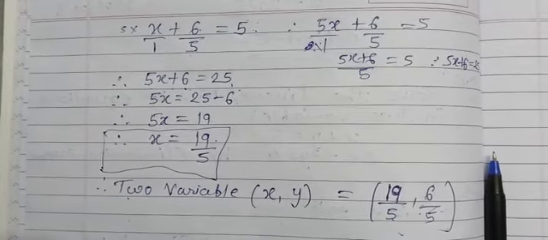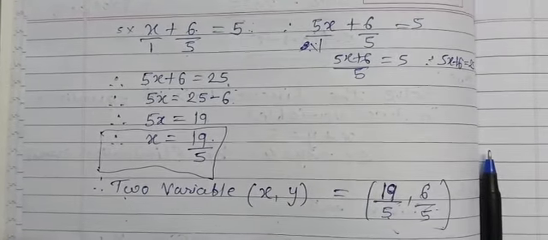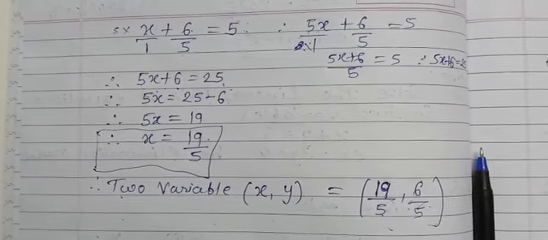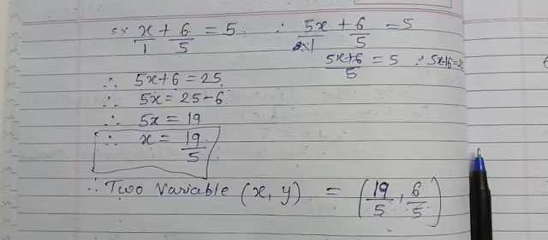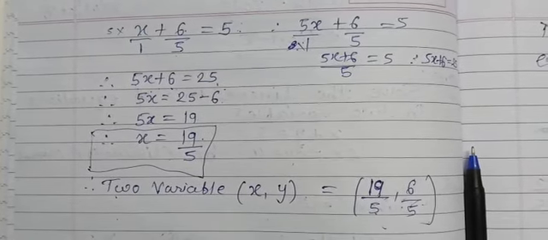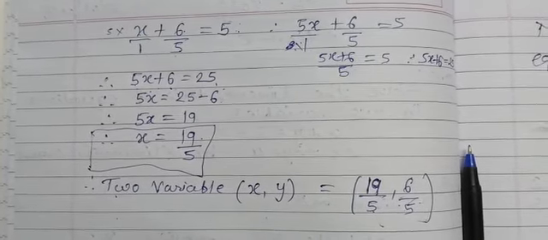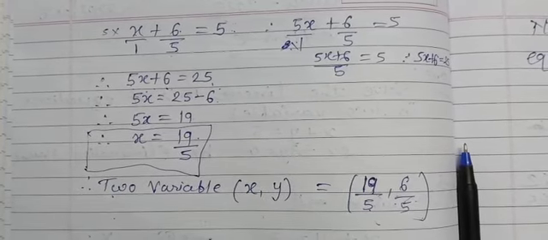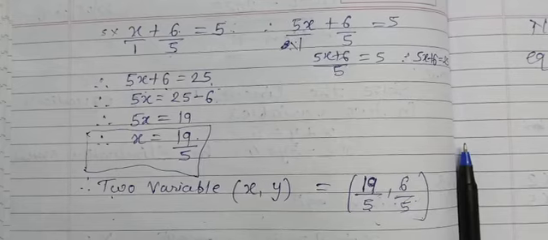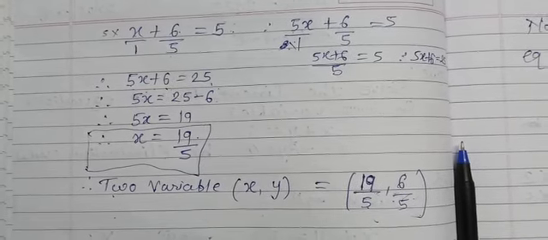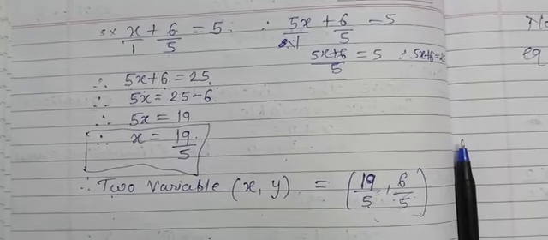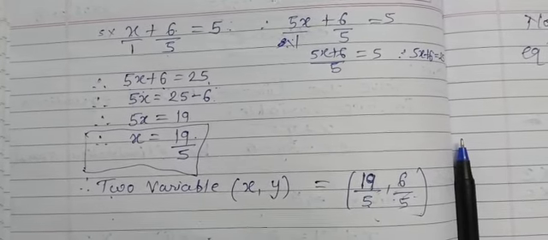You have to first eliminate one of the variables, and keeping the other variable as it is, you can find out the value of that other variable. And once you get the first variable's value, you can put that value in the existing equation and evaluate that equation. So finally you will have both the variables x and y.